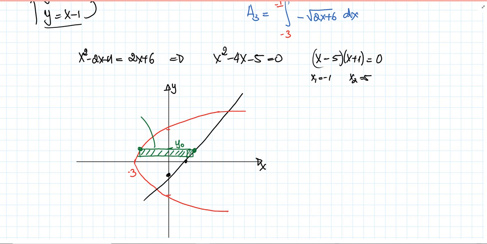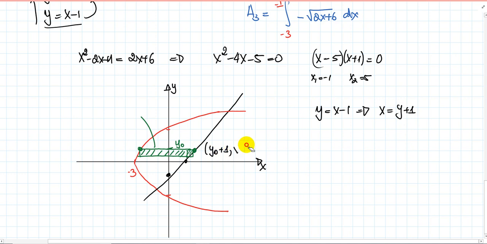So the first curve, the black one, is y is equal to x minus 1, right? If you find the x from here, what do you get? y plus 1, right? So the coordinates of this point here is y0 plus 1 and y0, right?